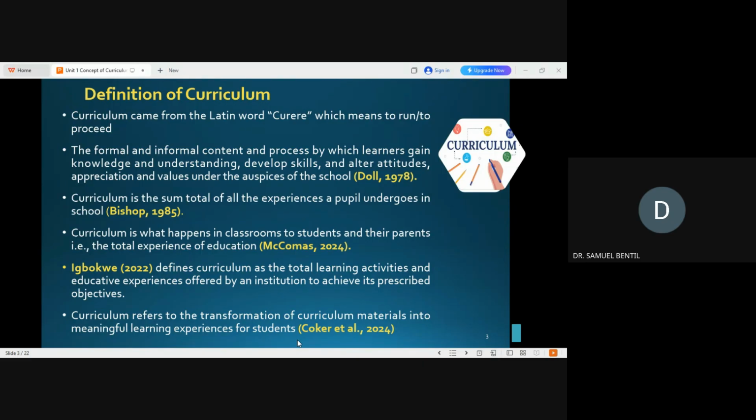Now, look at Ronaldo's definition, Bishop's definition, and let's look at Mark Cosmas. He says that curriculum is what happens in the classroom to students and their parents. That is the total experiences of education. In fact, he has gone a step further to even look at the informal education that the parent provides at home as part of the total experience of education.